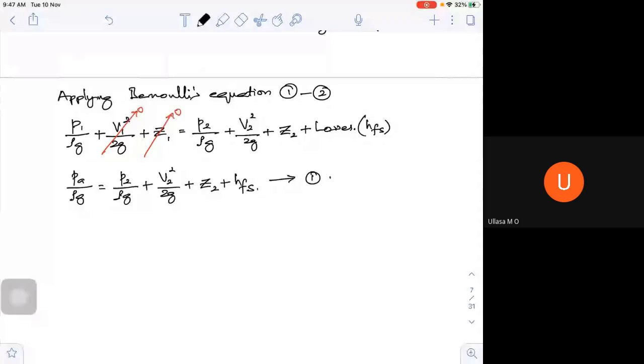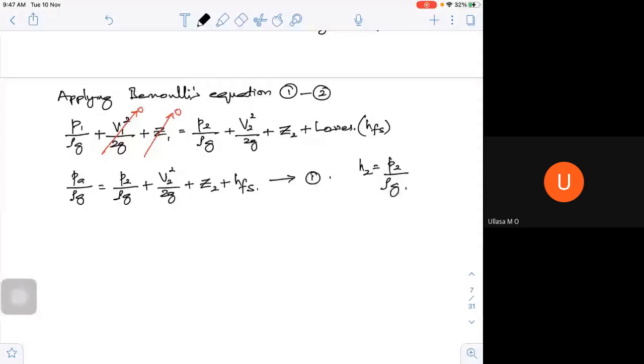I can write H2 as P2 by rho G. What is your HA? HA is equal to PA by rho G.